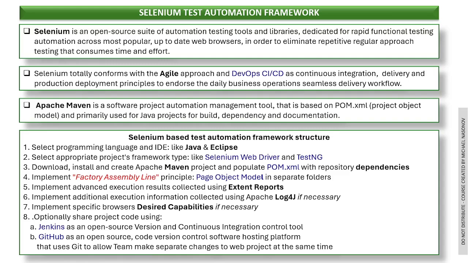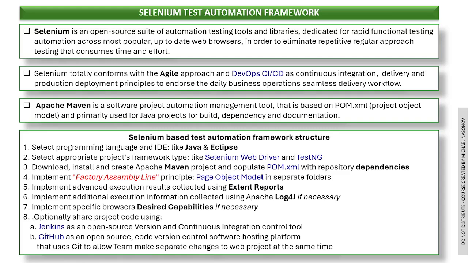Implement factory assembly line principle, when we apply page object model, while we separate our web elements getters and major functionalities and locate them in separate folders. Number 5.